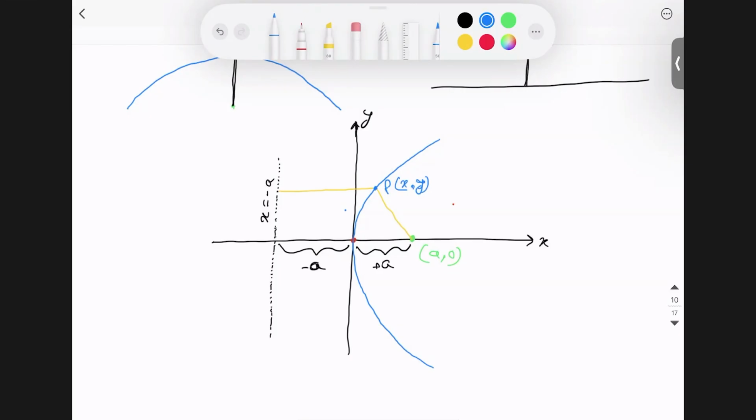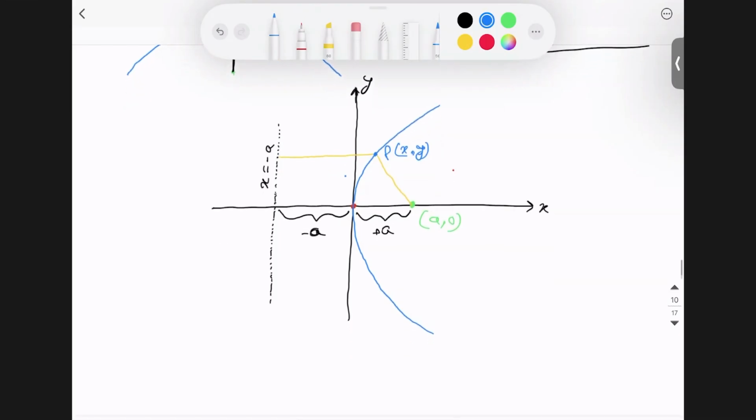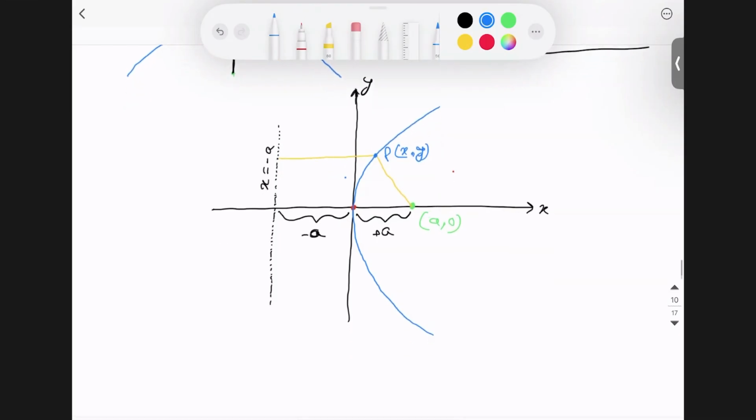Okay, so how can I find that? Whatever condition we have, that is, the lines are the same. And what do the lines represent? The lines represent the distances.